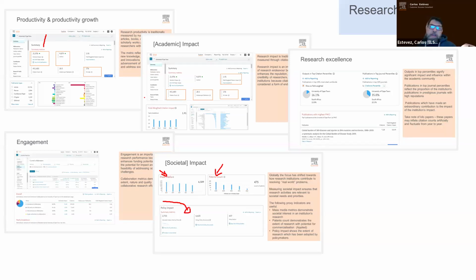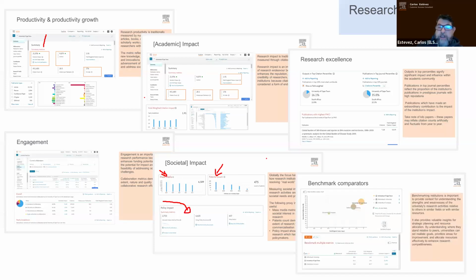So these are the three kinds of metrics. There are several metrics associated with patents, with media, and with policies that you are going to have in SciVal, and these are going to be proxies to understand the broader, societal impact related to our research.